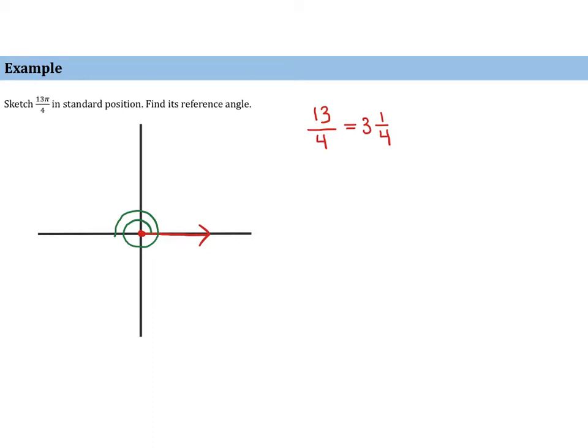Now we want a fourth of a pi, which is not a half a pi. We now land in the third quadrant. So that was 3 and 1/4 pi. How much did we go beyond the 3 pi mark? We went a quarter beyond. So this is 1/4 of a pi. So the reference angle is pi over 4.